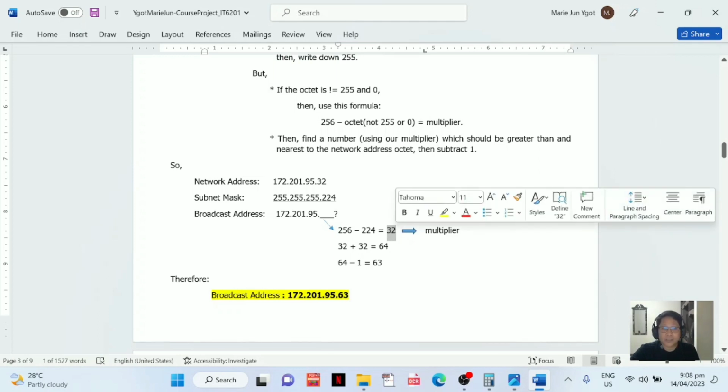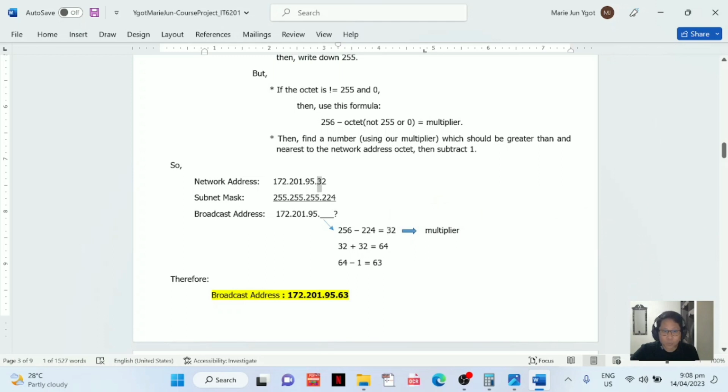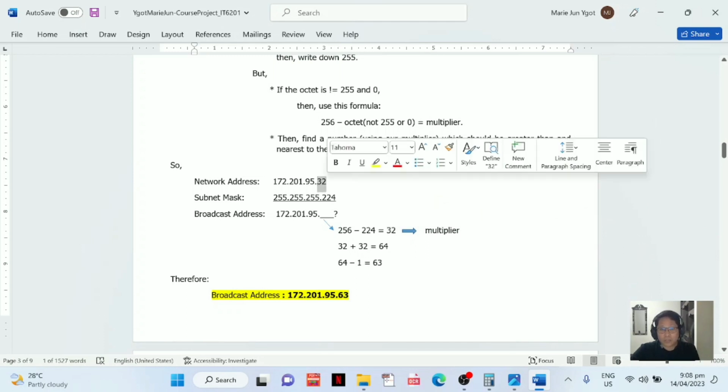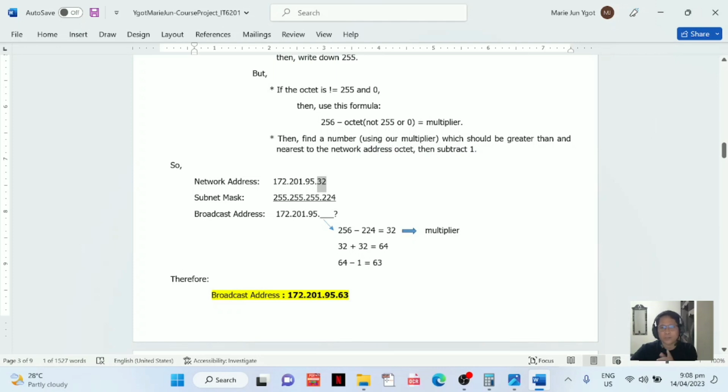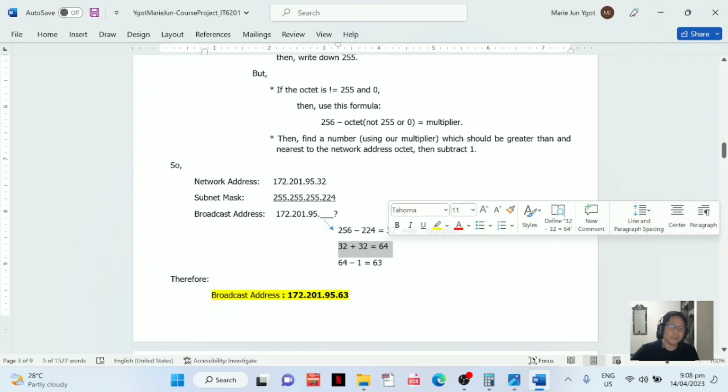So we need a number greater than 32. Based on our multiplier, we add 32 plus 32. So 32 plus 32 is 64.